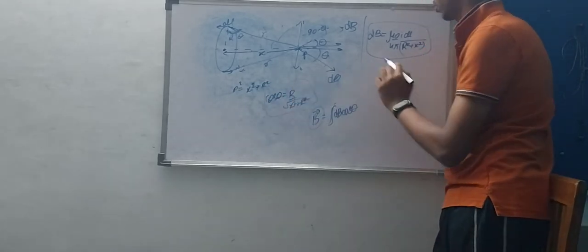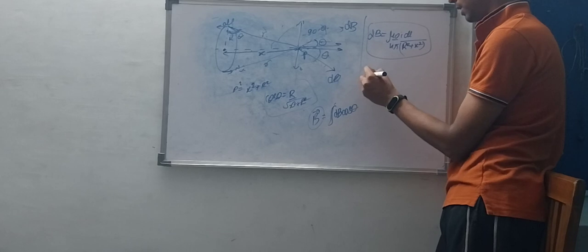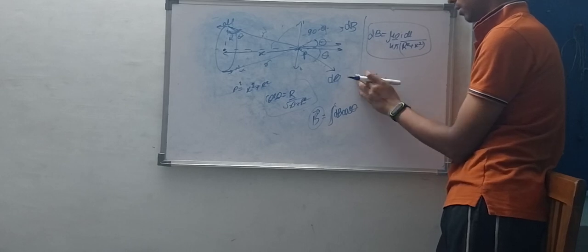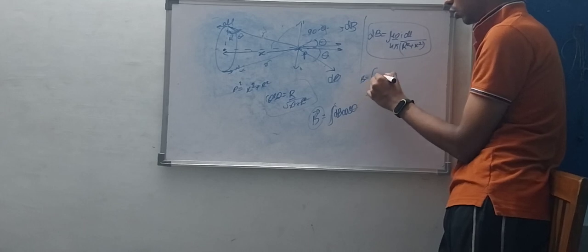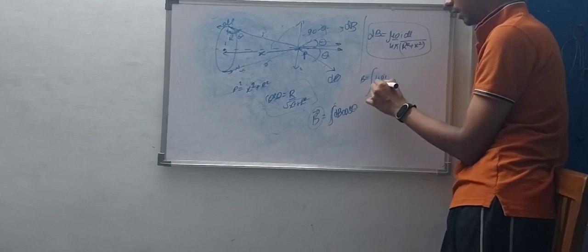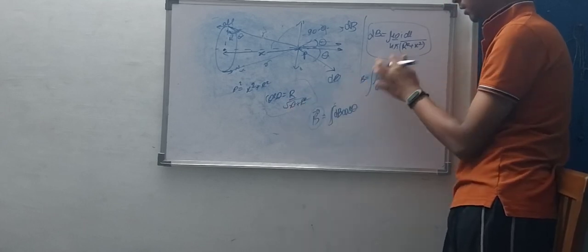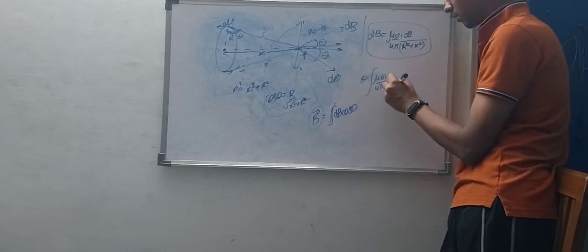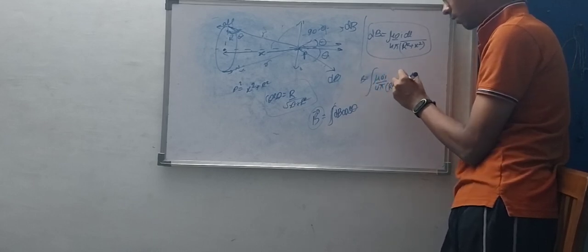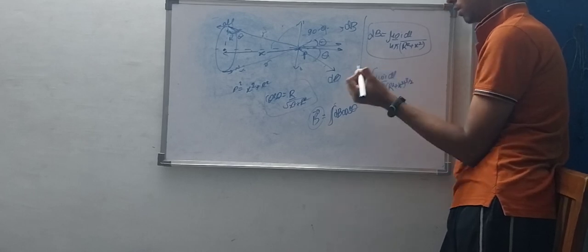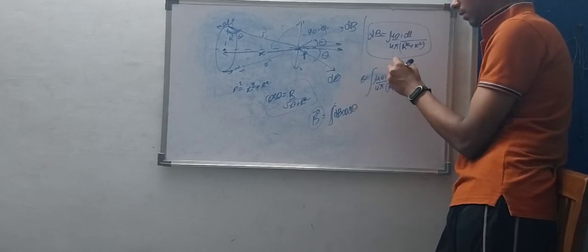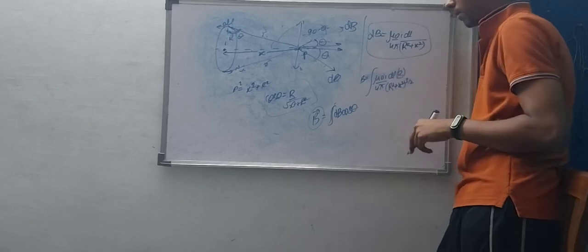So when you multiply cos theta with this, you get dB cos theta, or we'll say B is equal to the integration of mu naught I by 4 pi, and since we're multiplying, we add the powers, so r square plus x square to the power 3 by 2, and of course we have our dl over here multiplied with another r.